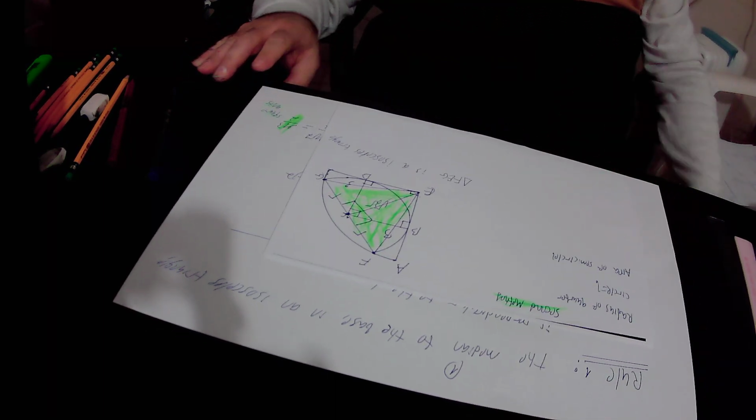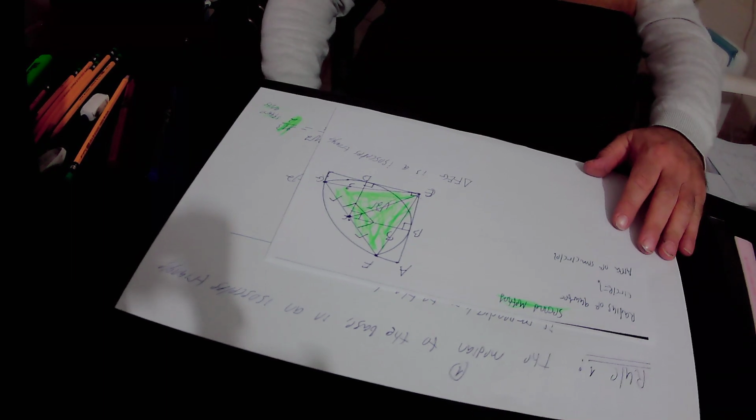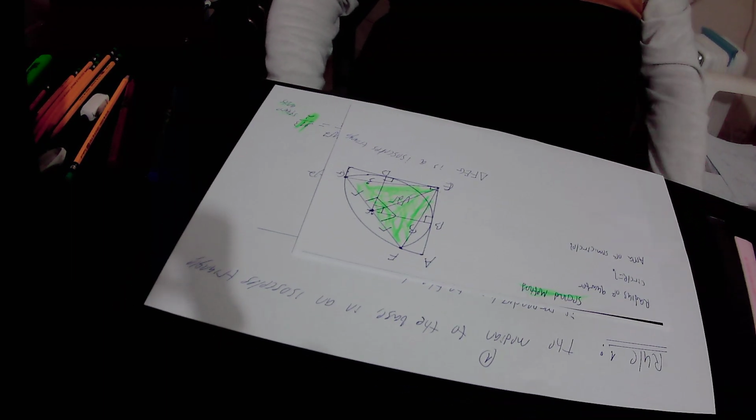In the second method, we actually relied on rule number 1 that says that a median to the base in an isosceles triangle is perpendicular to the base.